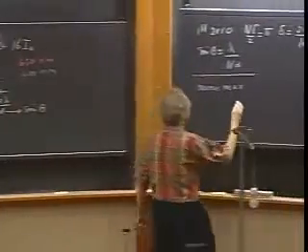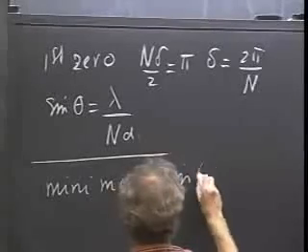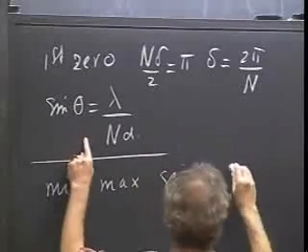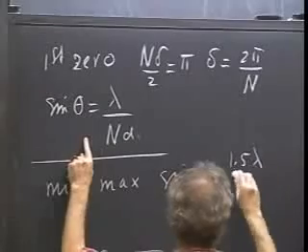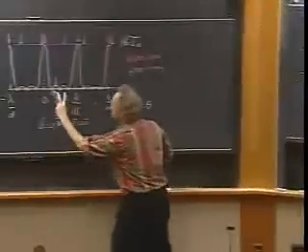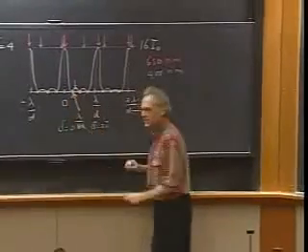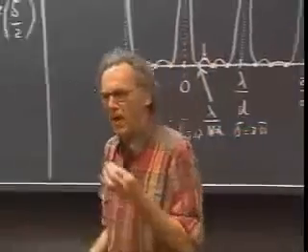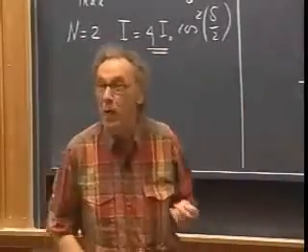So I ask the equation, what is your intensity when sine theta is now 1.5 times lambda divided by nd? Then I'm right in between these two zeros. Now, whether I'm exactly on that maximum, I don't know. I'm really not interested, but I'm sure I'm close.